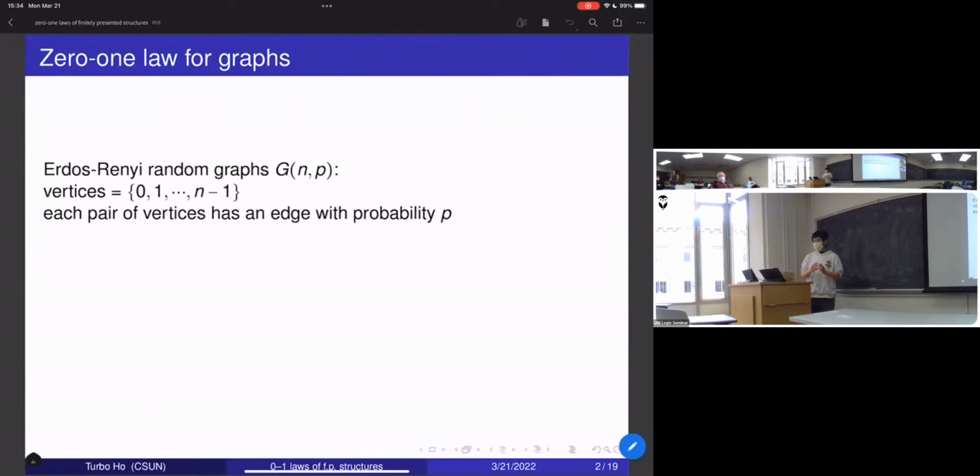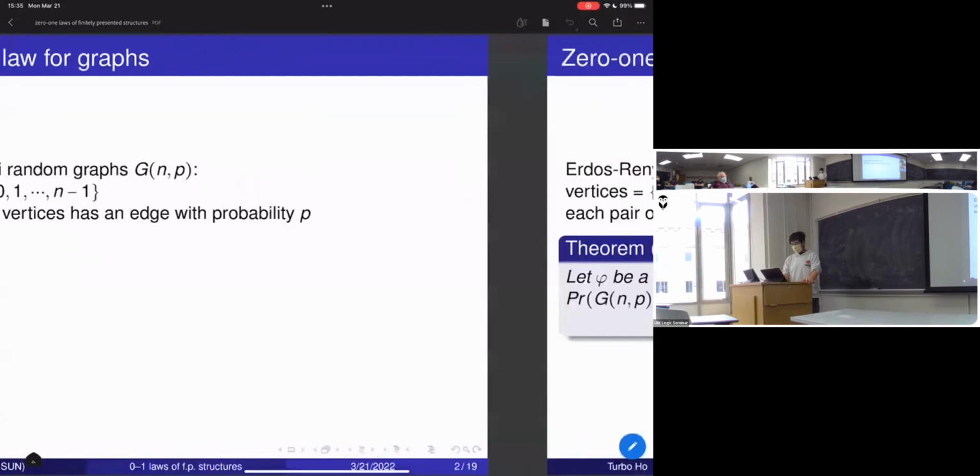And now you have n choose 2 many places where you could possibly place an edge. And so for each of them, you flip a coin with probability p being head, 1 minus p being a tail. If it's a head, you add an edge, otherwise you don't, and then you do this n choose 2 many times. And then you're going to get a graph. So this is called the random graph model.